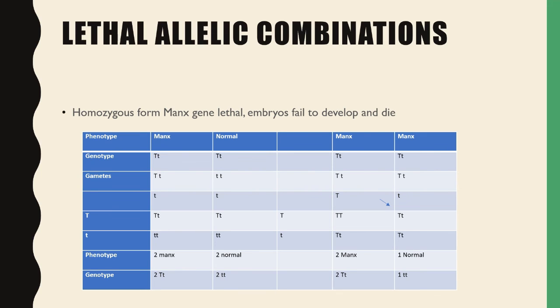Then if we cross two Manx cats, where the gametes are big T, small t, and big T, small t, we get two big T's, then big T small t twice, and two small t's. This means we get two Manx cats and one normal, because the one with two capital T's will not survive. It's the homozygous form of the Manx, and the capital T is what makes you a Manx cat, so if you have two of those, your embryo will fail to develop and you'll die.